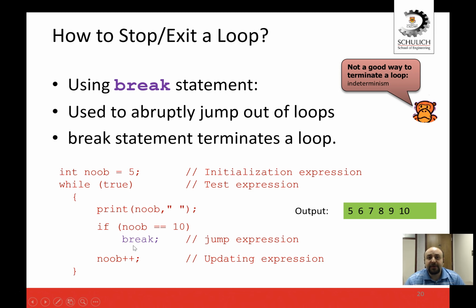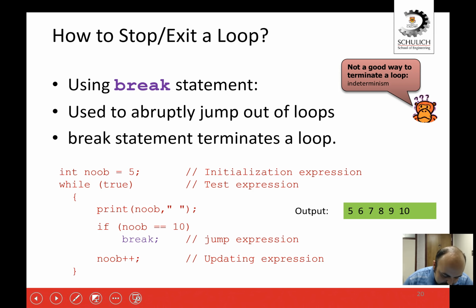As a practice, you should type this code in Processing, and then try to put the condition up here to get the same values, which are 5, 6, 7, 8, 9, and 10. How would you do that?